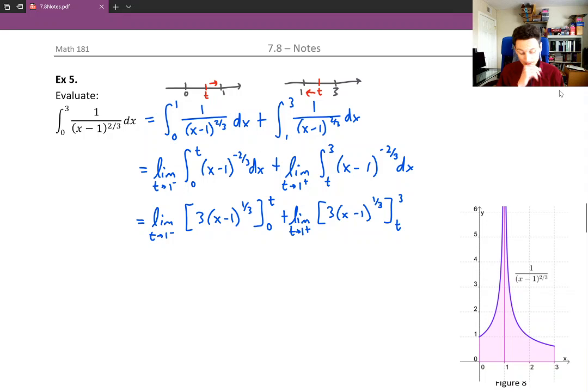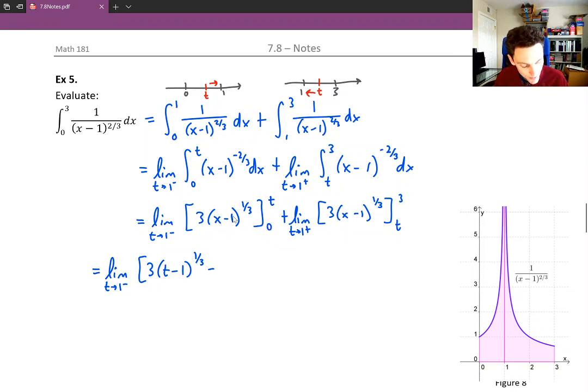from t to 3. We'll plug in our limits of integration. We have to continue writing those limits because those are actions that haven't happened yet. We've got to remember to do those actions at the end. So then we have 3 times t minus 1 to the 1/3 minus, and then let's take a moment to think about what happens when we plug in 0.